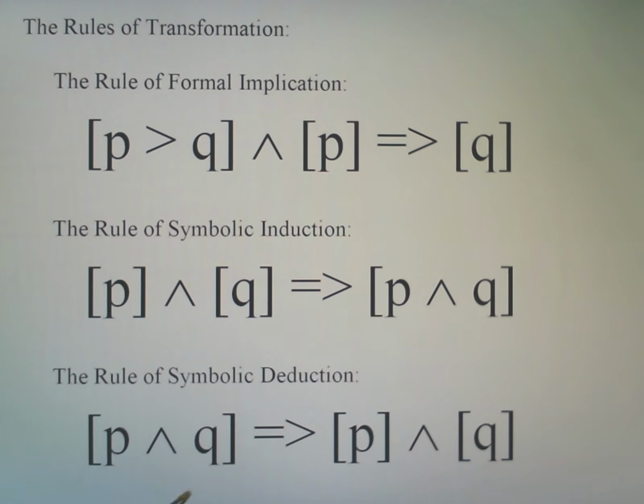Conversely, if we start with an and line, if we have a line that has an and statement, we can, in a sense, peel off either side because if the and statement is true, both sides will have to be true.